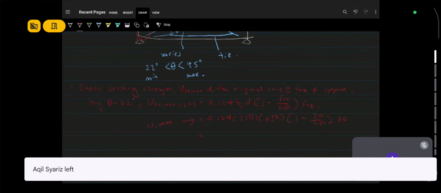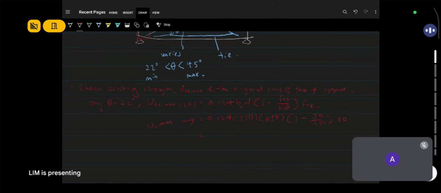So someone do this for me. Quick. Calculate for me.